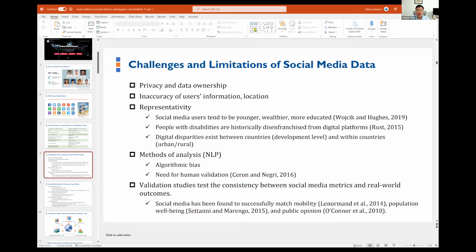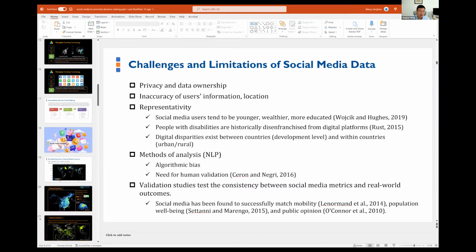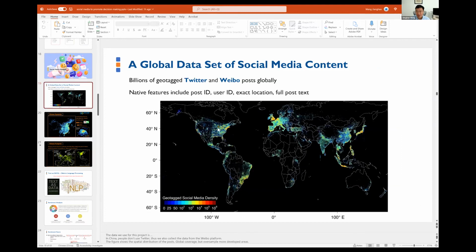Also, most of the data I use here is geotagged social media content, which may have some selection bias issues. As I presented here, most of the social media content is located in the developed regions, and poorer regions may have very limited samples. Different countries also have different cultures, different posting behaviors, and different willingness to share their locations.